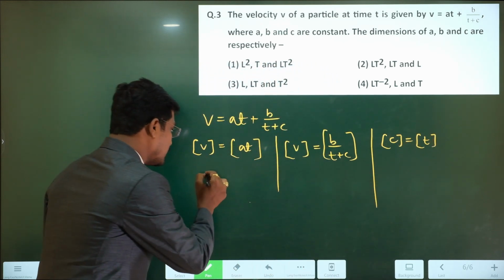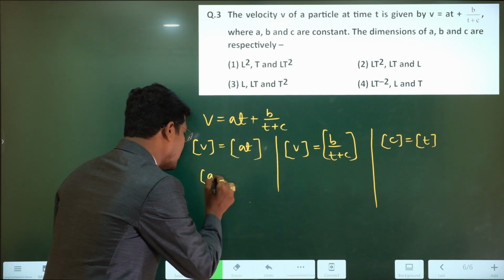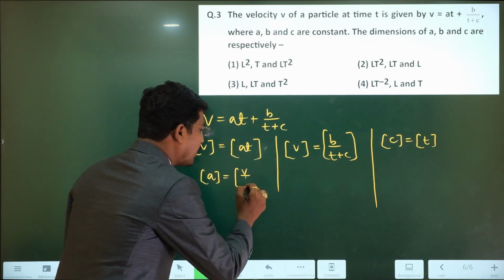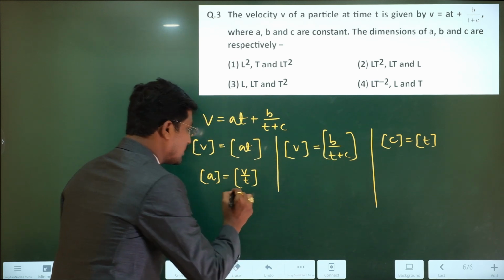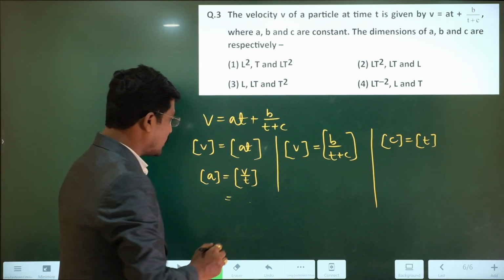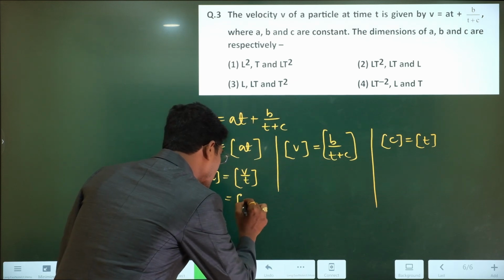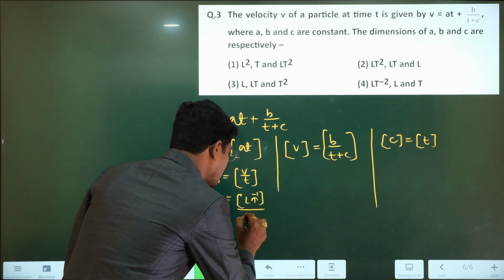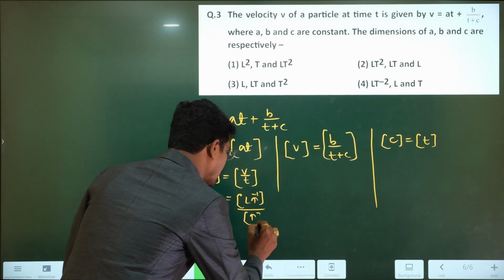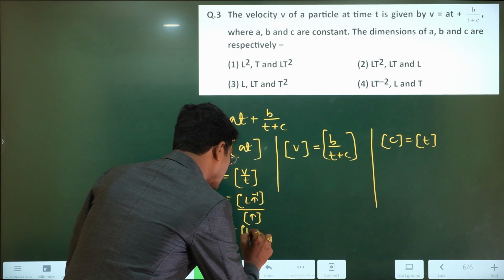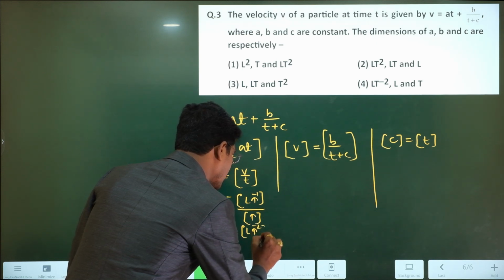So from this the dimensions of a is equal to the dimensions of v by t. It is clearly given that here v is velocity. The dimensions of velocity is L T power minus 1 and the dimensions of time is T. So finally we will get the dimensions of a is L T power minus 2.